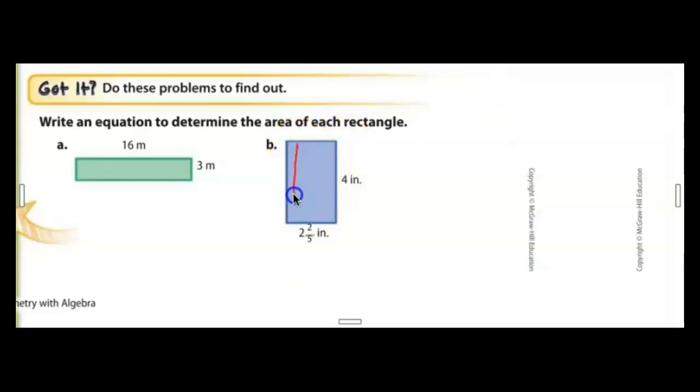And remember, we are still trying to figure out how much area, how many squares are inside the rectangle. So we're going to multiply the 4, and we're going to use our parentheses and not a multiplication x sign. And we're going to multiply that by 2 and 2/5.